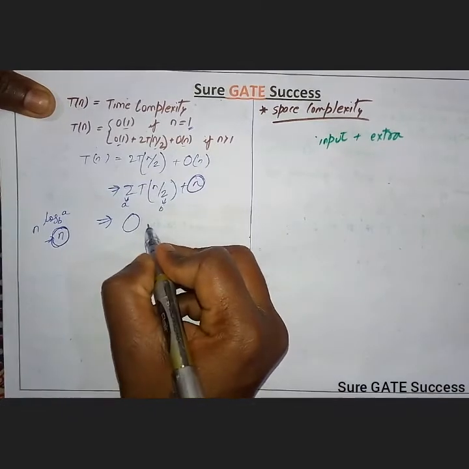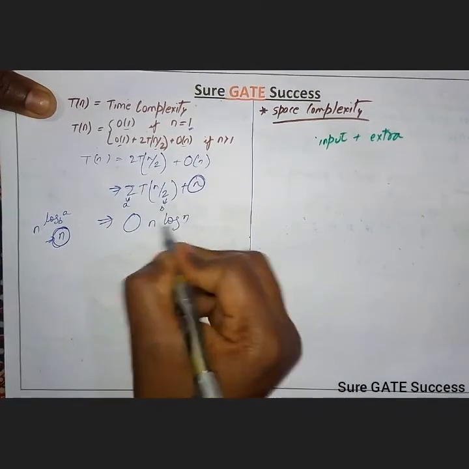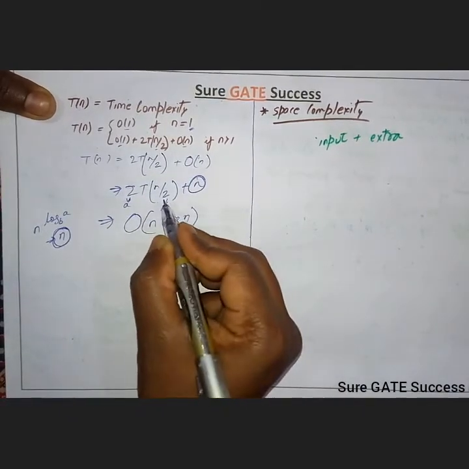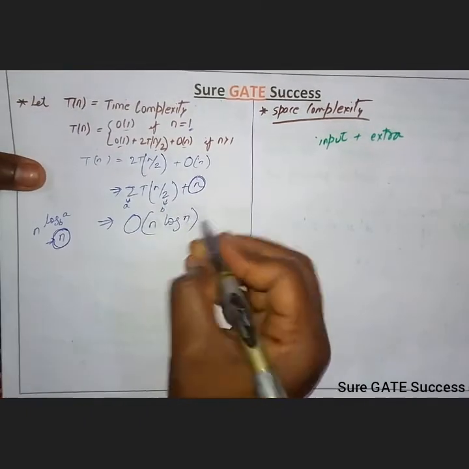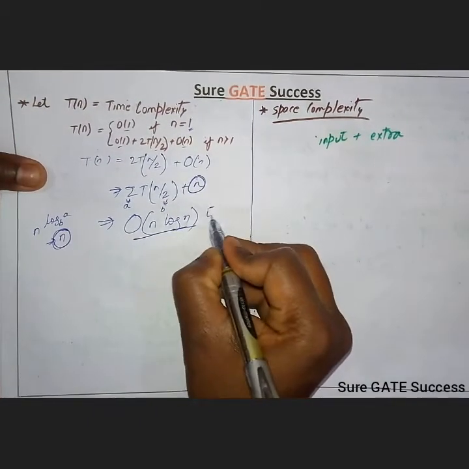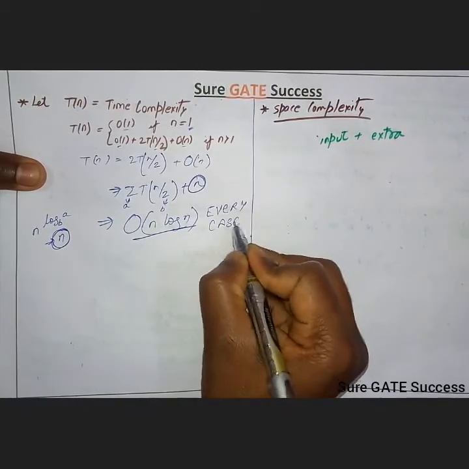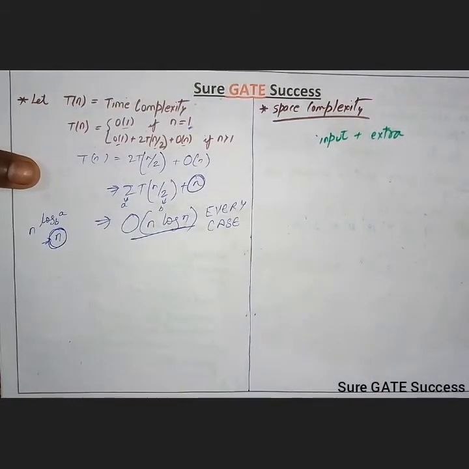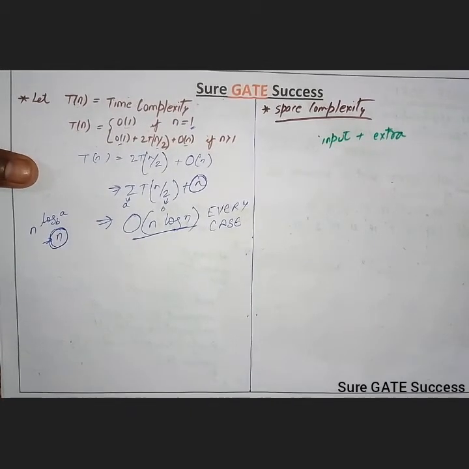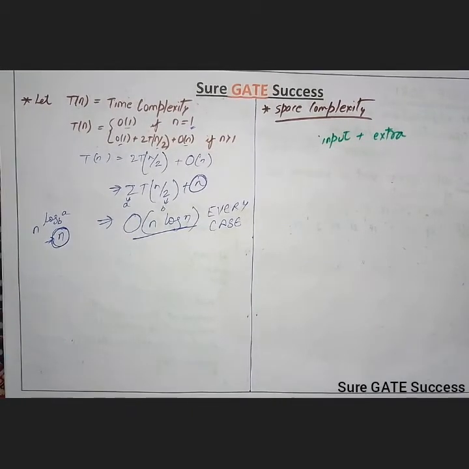So what will be the final answer? Order of n log n. You can also solve it using the substitution method. So this will be for every case, because there is no way of halting in between, because we cannot skip anything. We have to move till the end, because finally we have to merge all the elements.